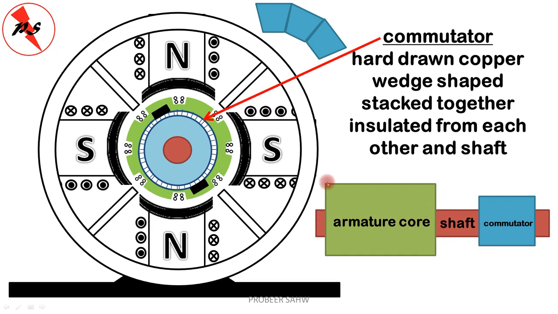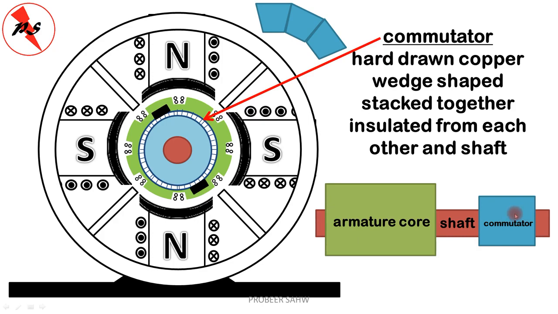On the outer periphery of armature core we put armature winding. Then on the other part of the shaft we put commutator which is insulated from the shaft. Armature core is also insulated from the shaft, and this commutator is also made up of wedge shaped pieces. The shaft is a single piece of solid forged steel. Armature core is made up of laminations and commutator is made up of wedge shaped pieces.